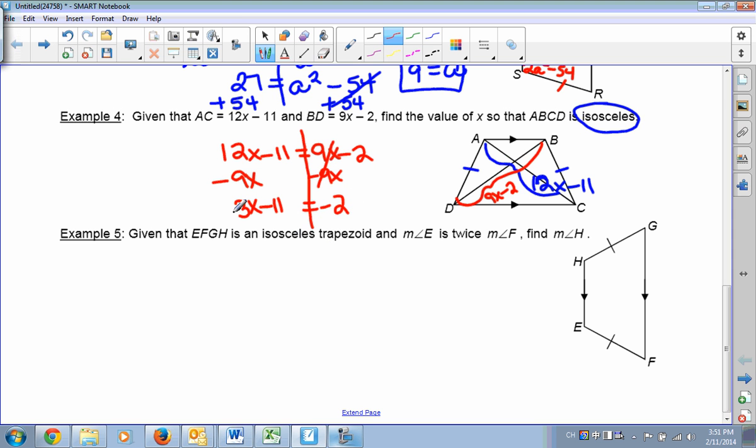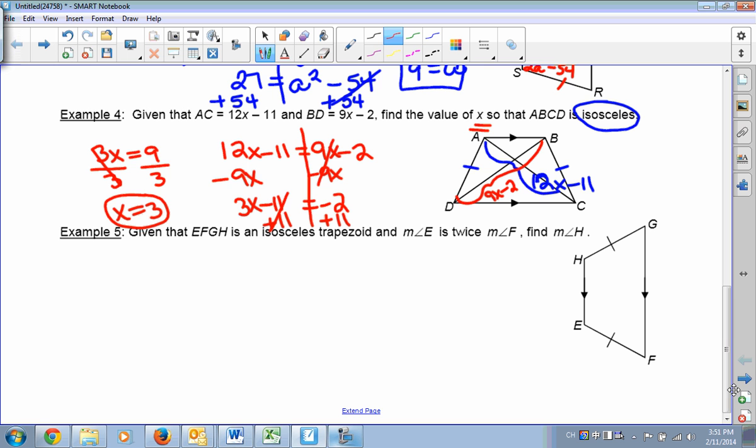We have to get rid of everything but our x, so we're going to add 11. Good, yes, negative 2 plus 11 is not 13, okay? This is a negative. So 3x equals 9. Yes, x equals 3. Is that all it's asking for? Find the value of x. So yeah, we found x, and we are done. Any questions on example 4?